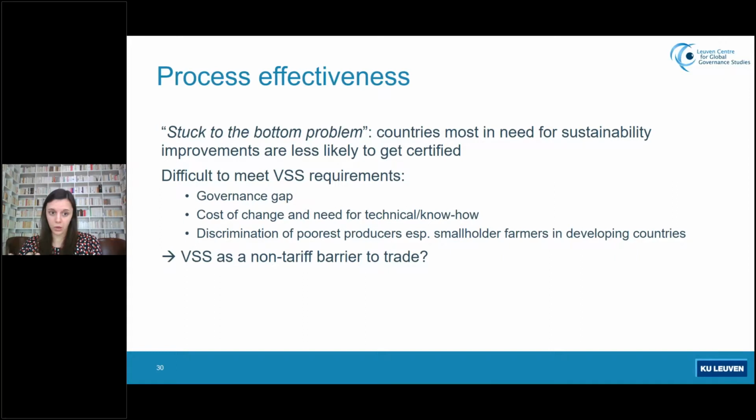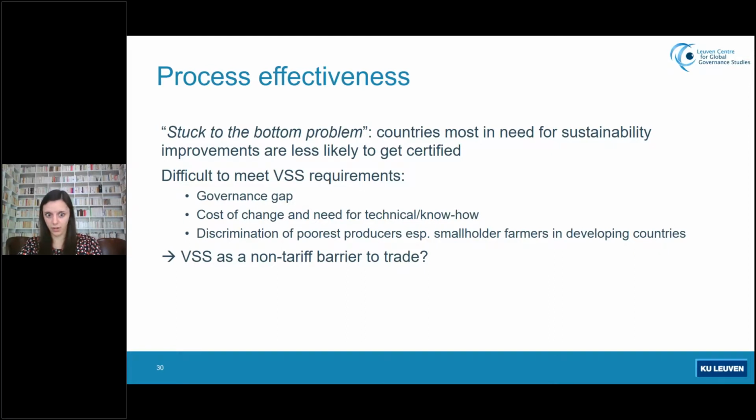And so we really see that the stuck at the bottom problem involves that only the producers that already have prior income and assets have the potential to apply for VSS schemes and implement them effectively, because getting certified involves a lot of costs linked to changes in practices, and so the poorest producers and typically the smallholder farmers in developing countries don't have the capacity to get certified.